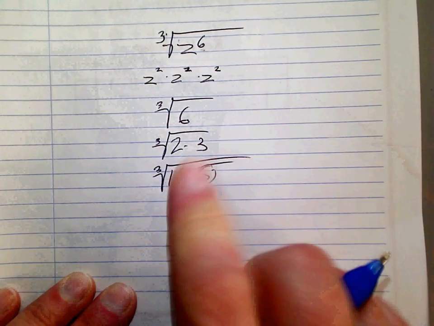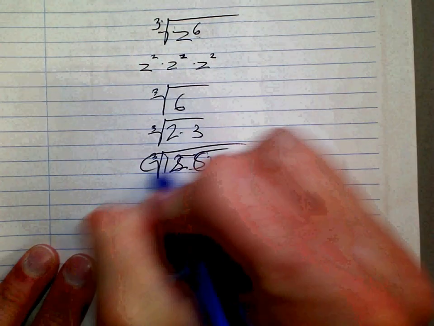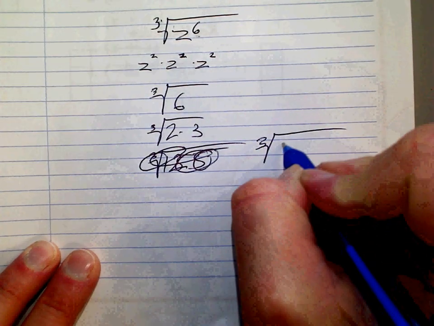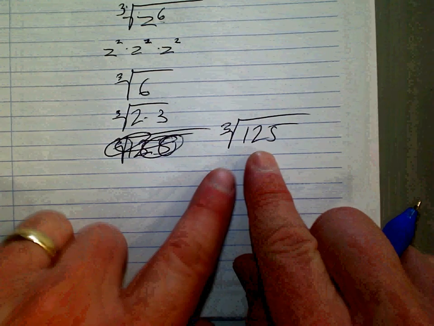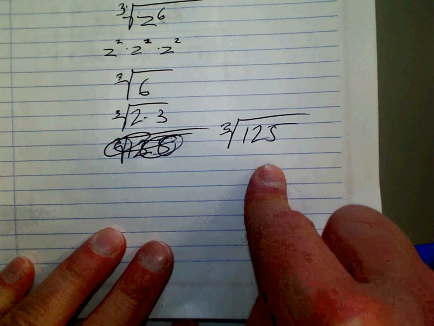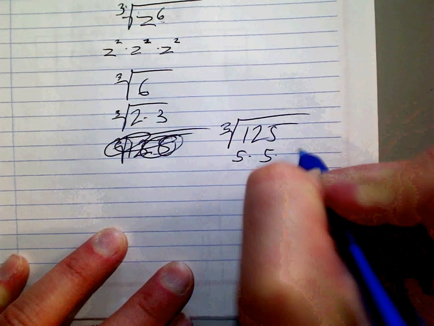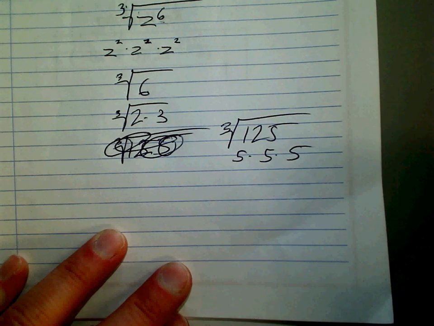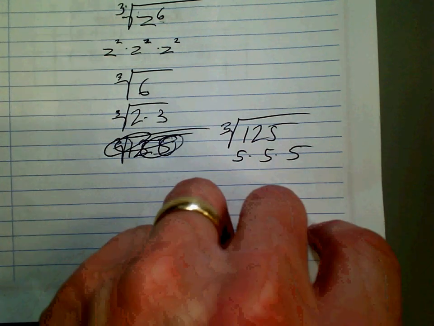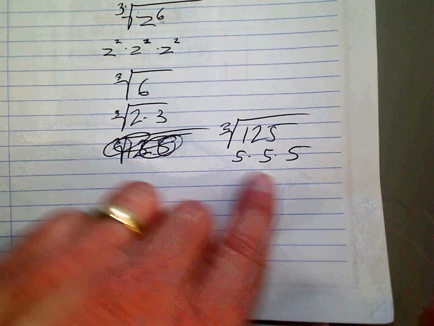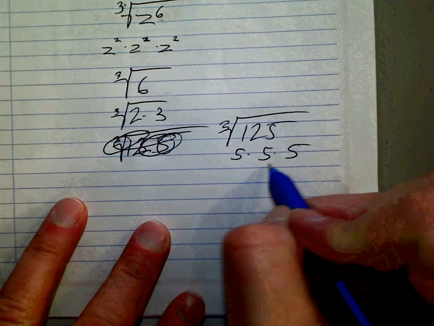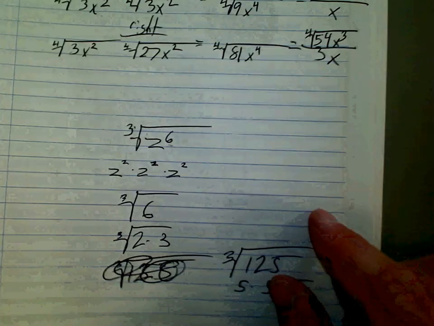Scratch that. We did simplify the 125, didn't we? It's because 125 is a repeated factor of 5 times 5 times 5. So if it has a factor that can repeat, that has a cube root. That simplifies to 5. And that is why the 5 is out and the 6 stayed in. Does that help?